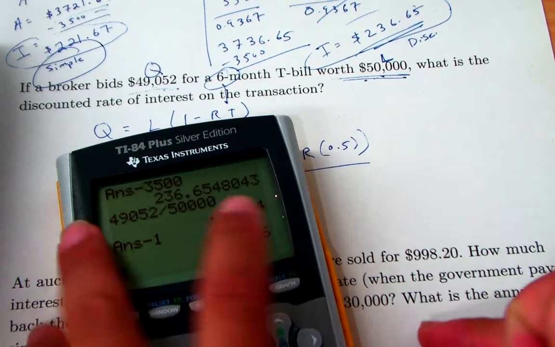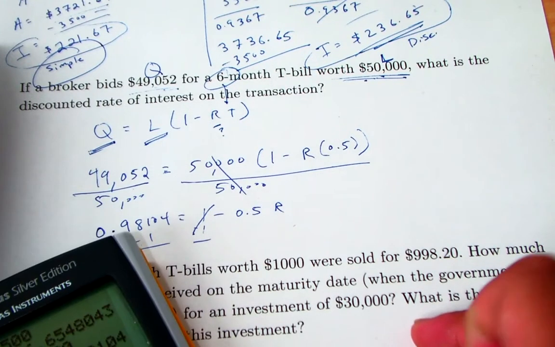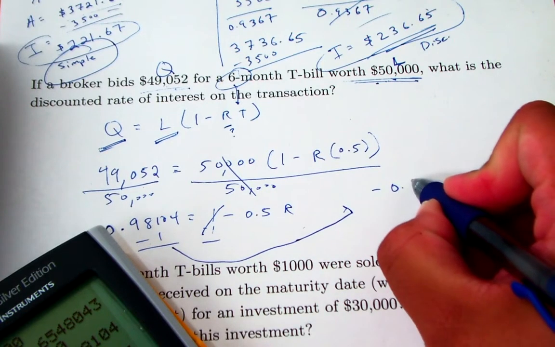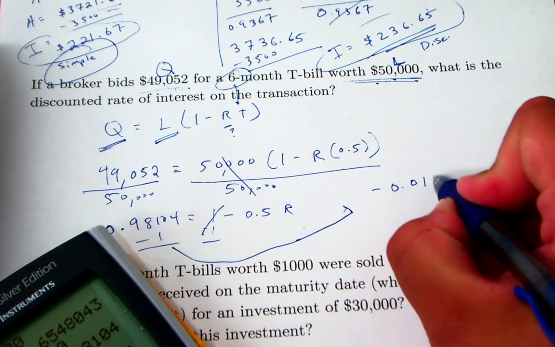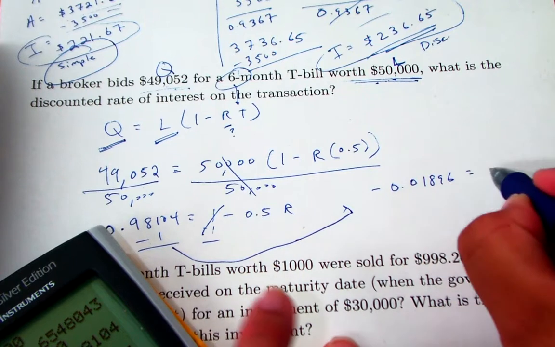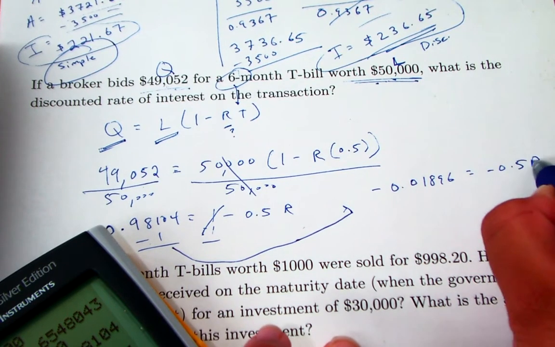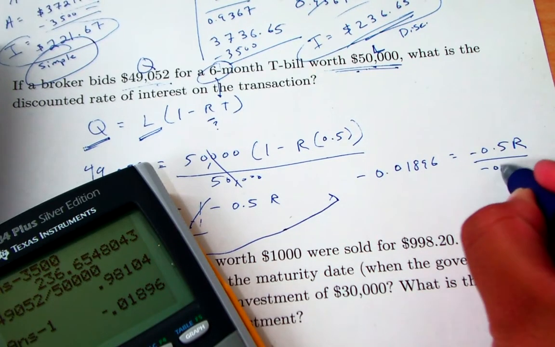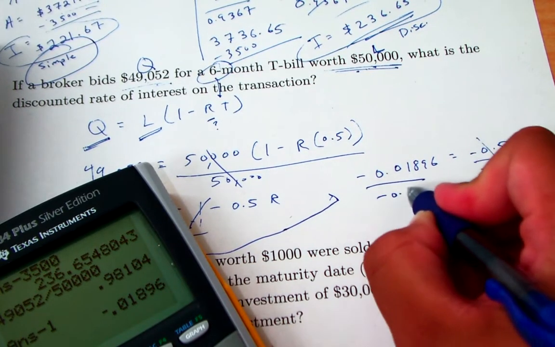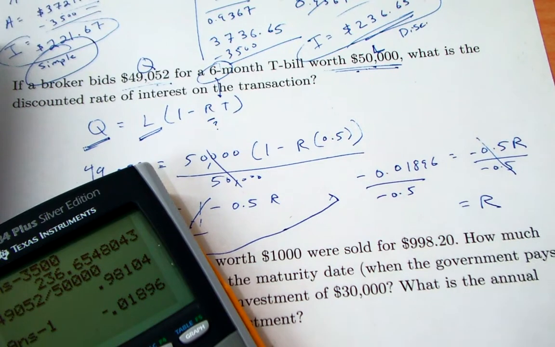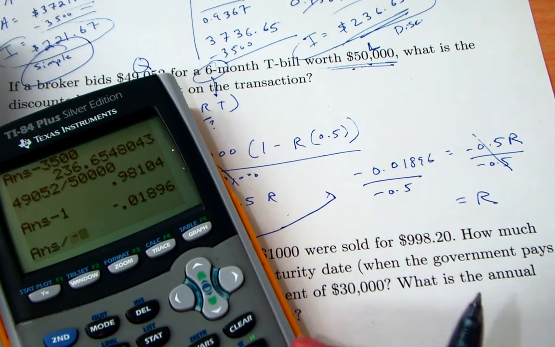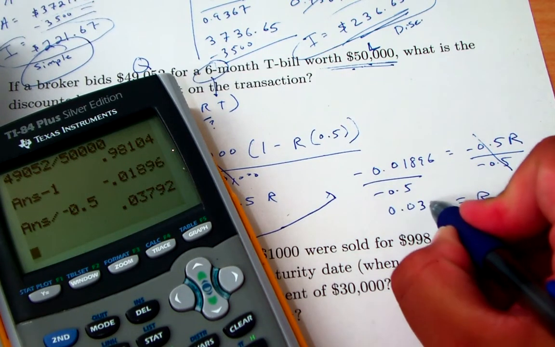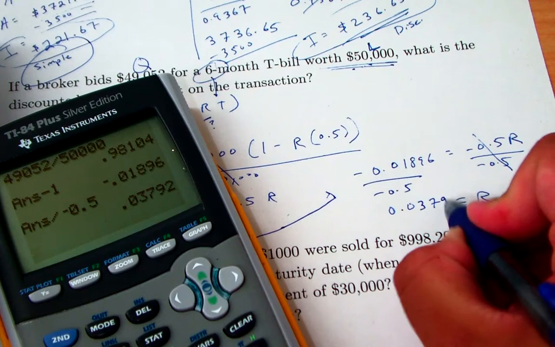So I subtracted 1, and what I got from the calculator was negative 0.01896, and that's equaling negative 0.5 R. Divide both sides by negative 0.5, and the R, if I divide this by negative 0.5, is 0.0379. And that's an interest rate as a decimal.